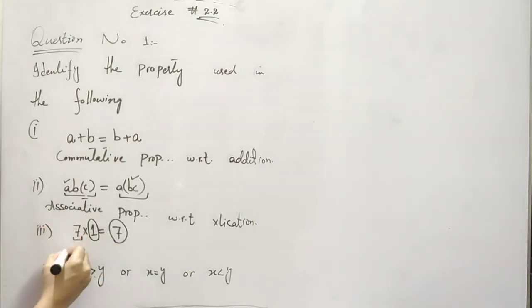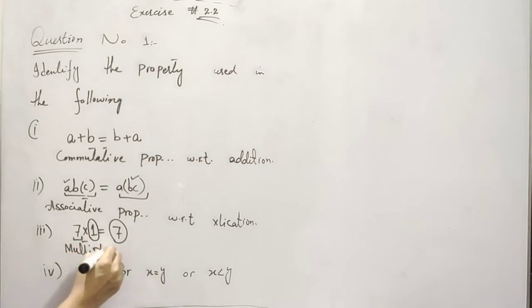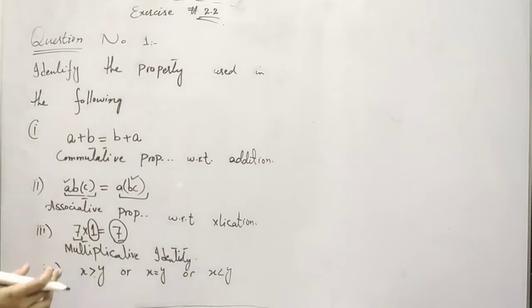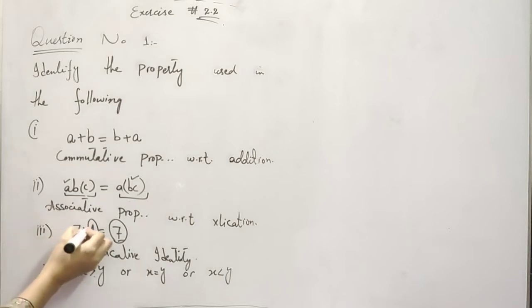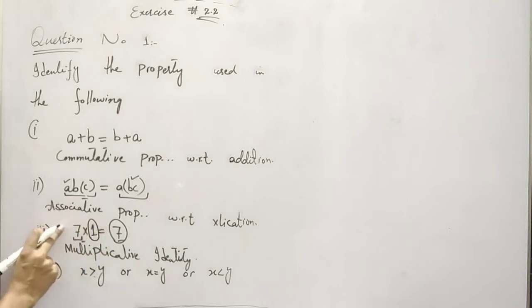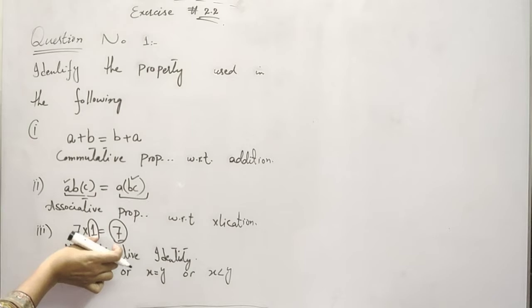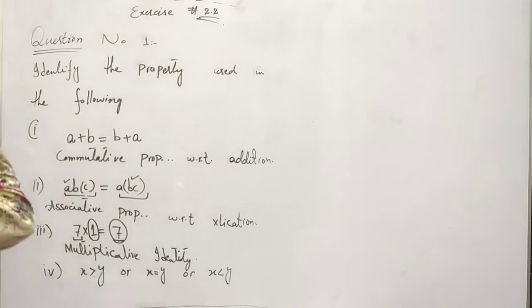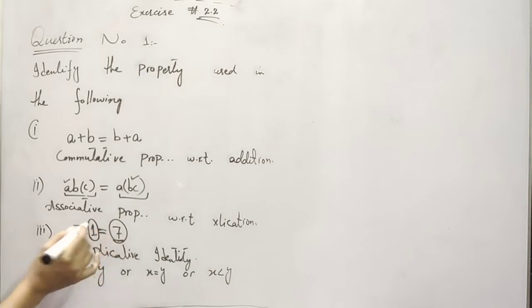This property is multiplicative identity, because after multiplying the 7 with 1, the number is not changed. 7 is also equals to 7.